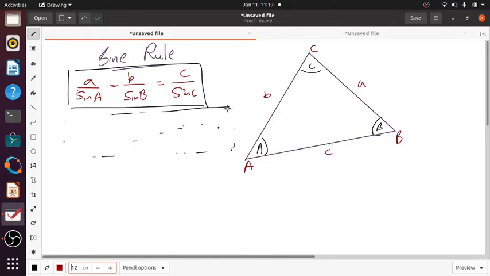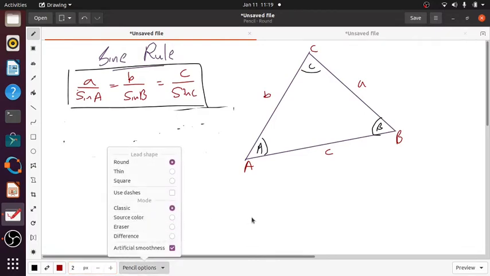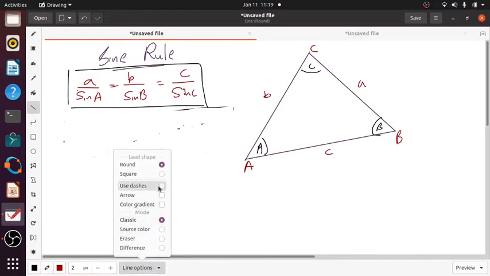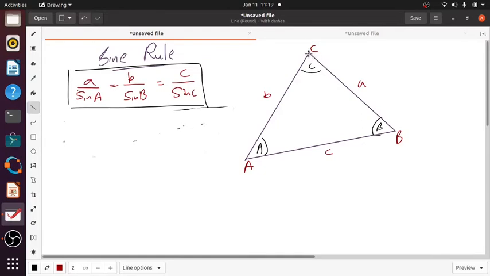So how I'm going to prove this is that I'm going to try to construct right angle triangles within this general triangle. So let's see how it is done. So let me take this dashes. Right.